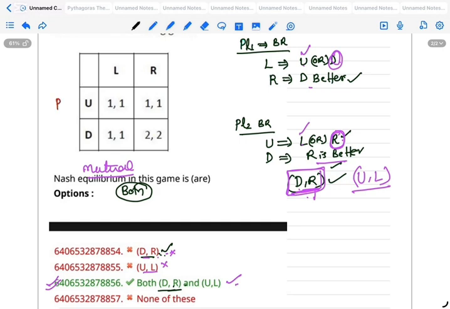This is player 1, the row player, and player 2, the column player. We want player 1's best response and player 2's best response.